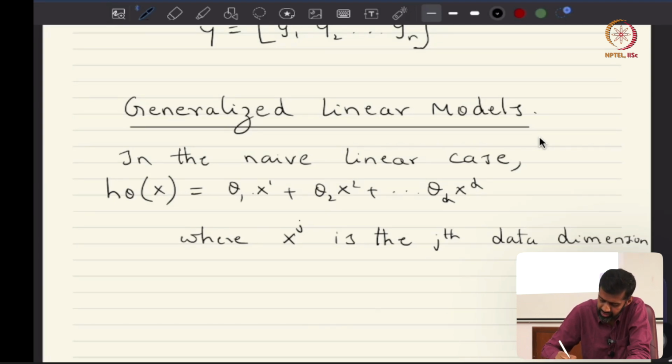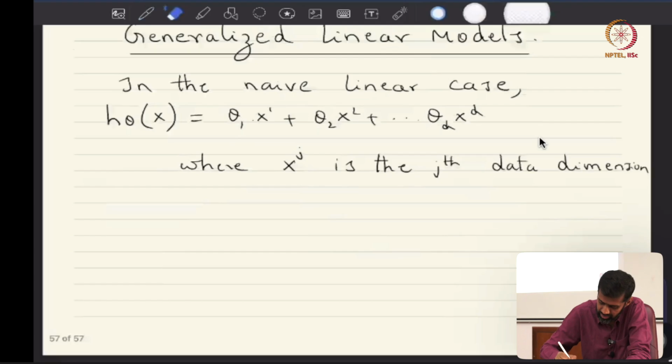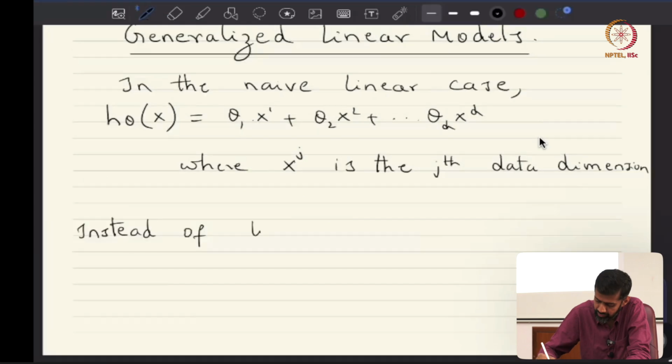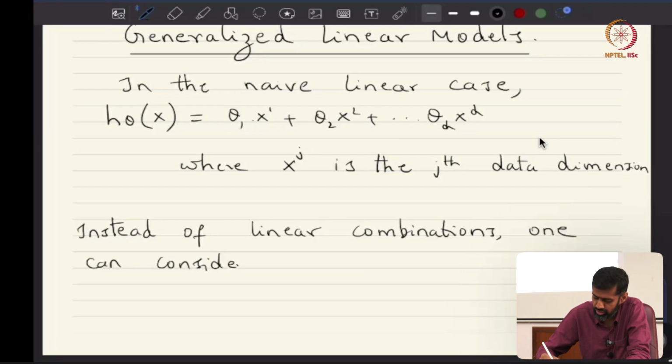Instead of linear combinations, one can consider non-linear combinations as well and linearize them.